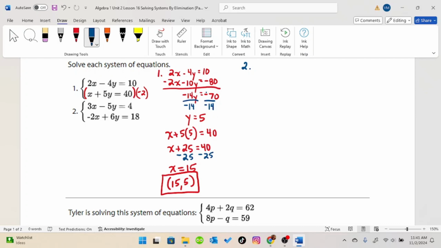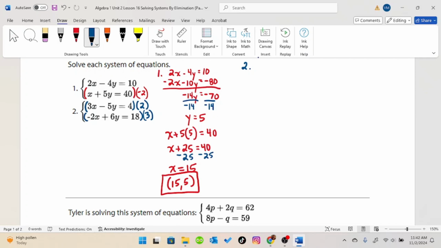I don't see any quick eliminations by multiplying just one of them, but I do know that if I multiply the top equation by 2 and multiply the bottom equation by 3, then this will give us 6x on the top and negative 6x on the bottom and allow us to use elimination.